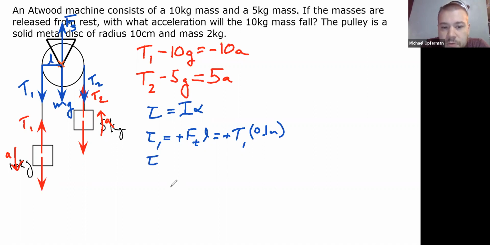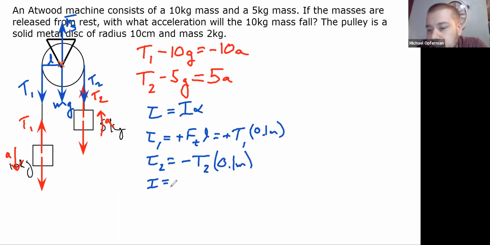Next up, T2. So torque 2 is going to be by exactly the same argument. It's a clockwise torque, so it's negative. The force is T2, and the L value is still the radius of the pulley again. So we'll have something like that. We're also going to need a moment of inertia for the pulley. It's a solid disc. So you look up the moment of inertia for a solid disc.